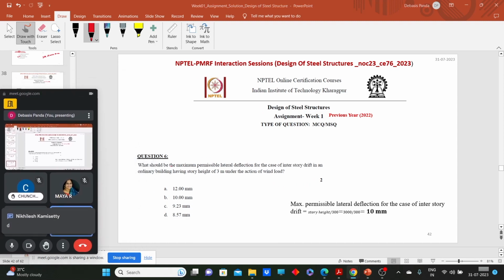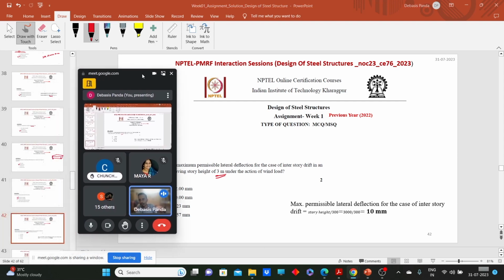What should be the maximum permissible lateral deflection for the case of interstory drift in a building of story height 3 meter? Actually, I will show you the code.